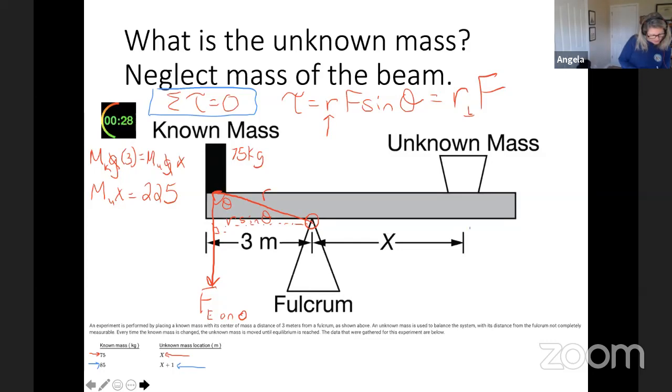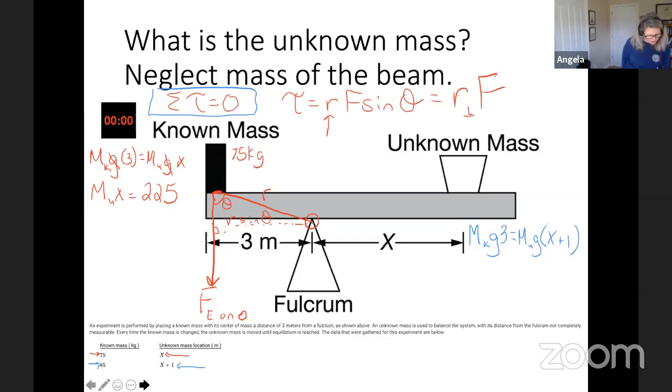The counterclockwise torque is known mass g times 3, and the other one is mass unknown g times x plus 1.